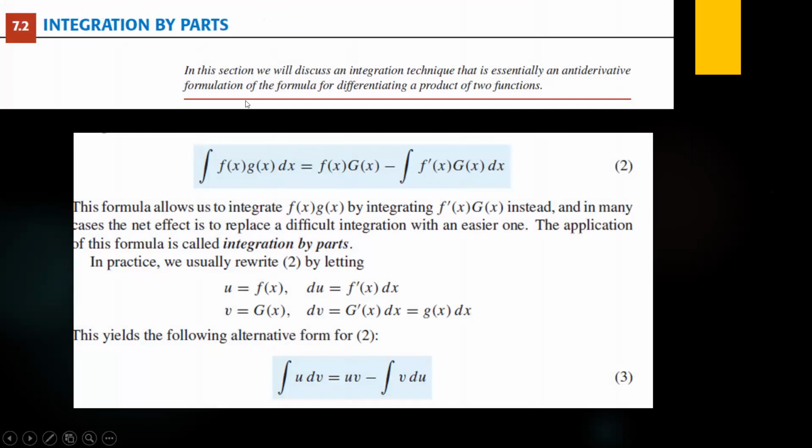What is the formula for integration by parts? There's no u substitution here. There's a formula.